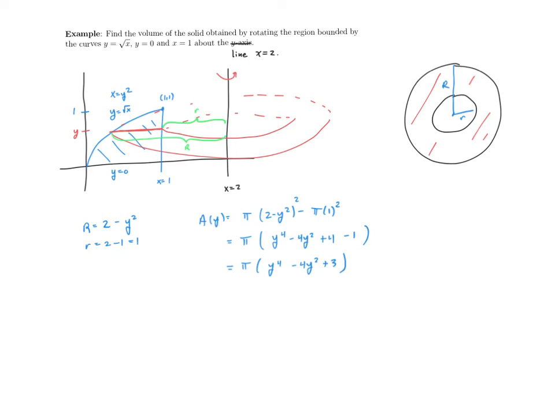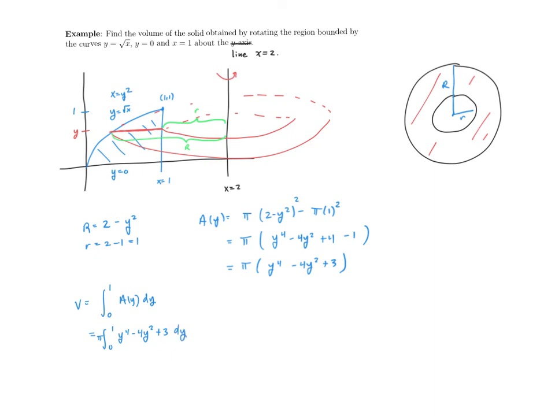So the volume of this solid of revolution is the integral over how the y values are varying, 0 to 1, and what we integrate is A of y. That would be the definite integral from 0 to 1. Let's pull the pi out, and we have y to the fourth minus 4y squared plus 3.